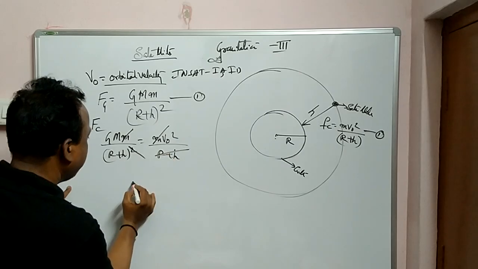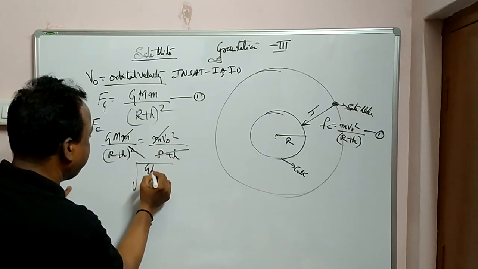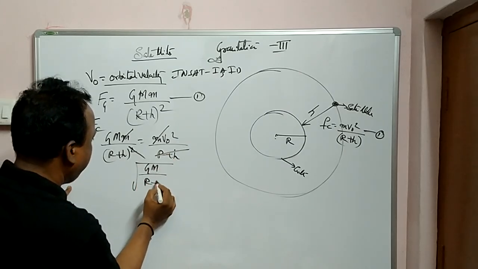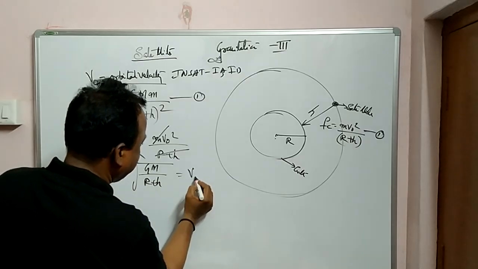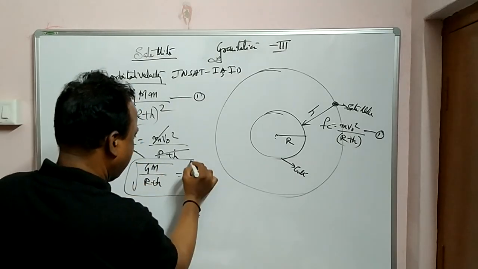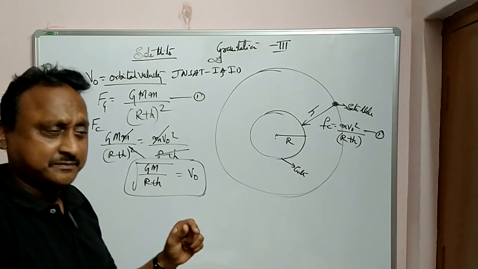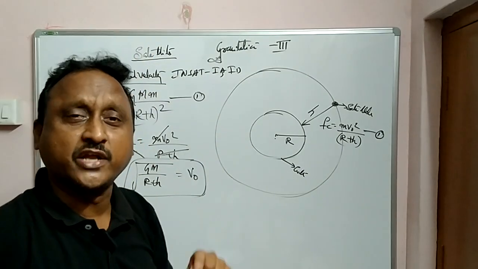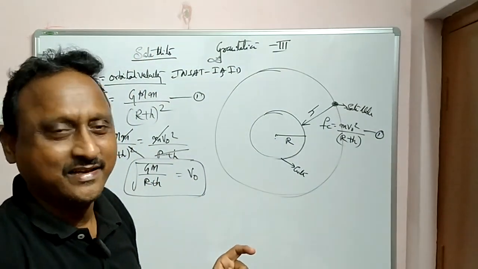Finally what is left? Root over G M by (r plus h) is equal to v0. So what is this v naught? This v naught is called the orbital velocity.